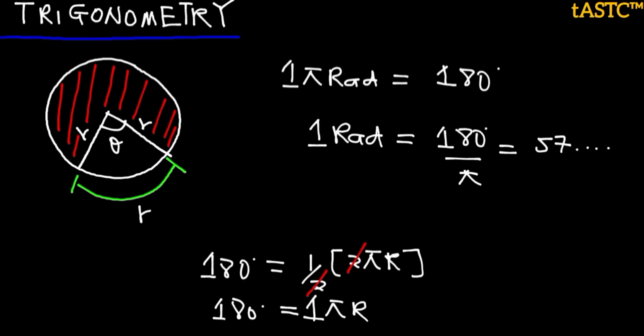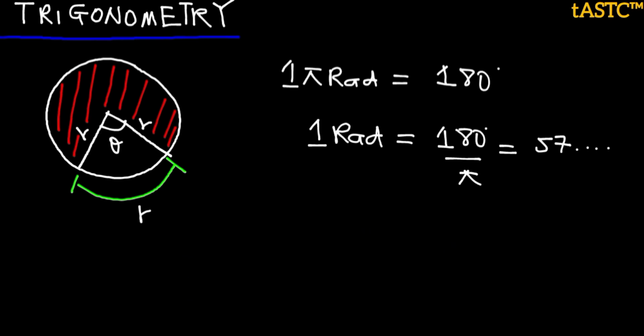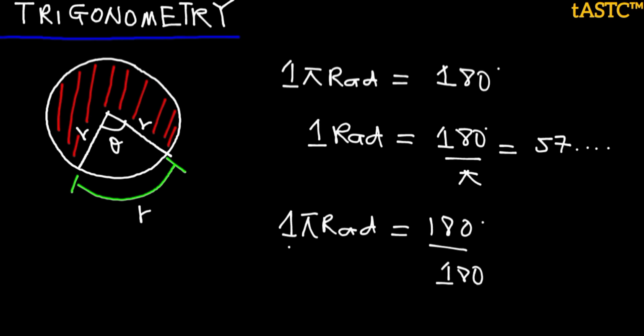Now, how about 1 degree? How many rads is it going to give? If you have 1 pi rad equal to 180 degrees, and I divide this by 180 degrees and this by 180 degrees, I'm going to have this part be a 1.